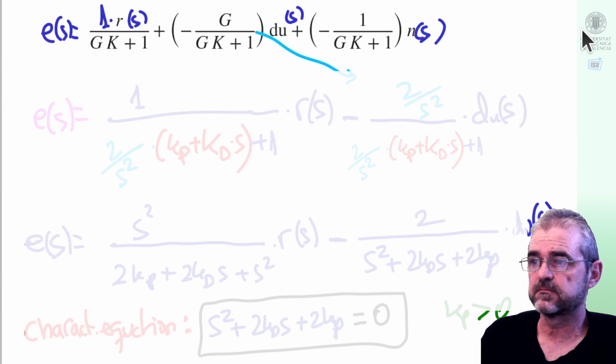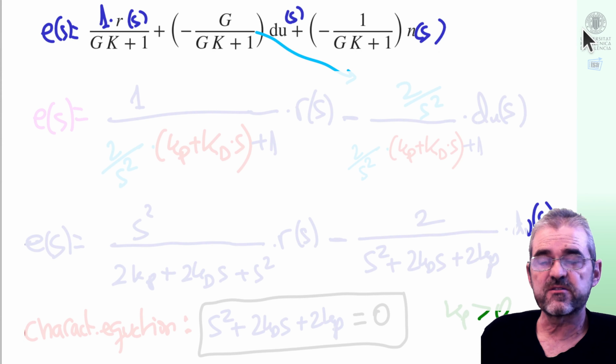Well, in prior videos, we proved that the transfer functions from set point R, input disturbance du, and measurement noise were the ones at the top. And assuming that measurement noise is sufficiently small, we will concentrate on set point tracking and disturbance rejection du.